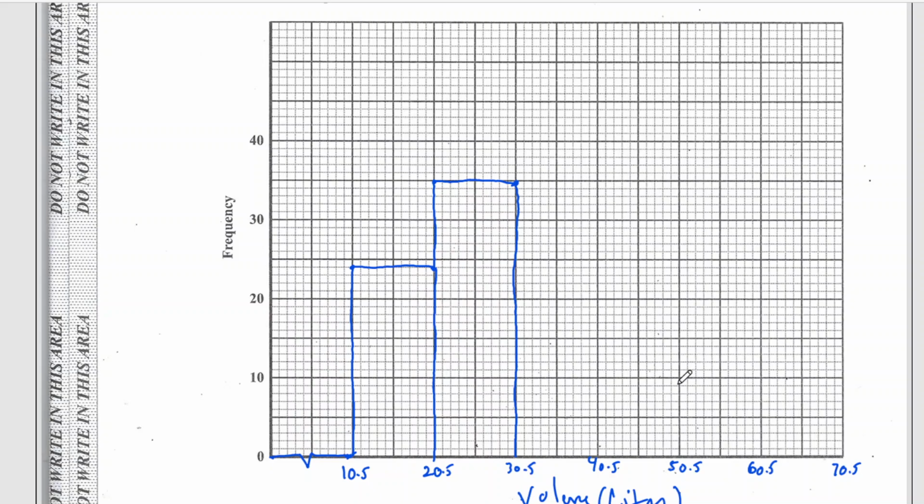Right, that is the second. Then the third bar, between 30.5 and 40.5, is 42. So we'll go up to 42 now. This is 40, 41, 42.